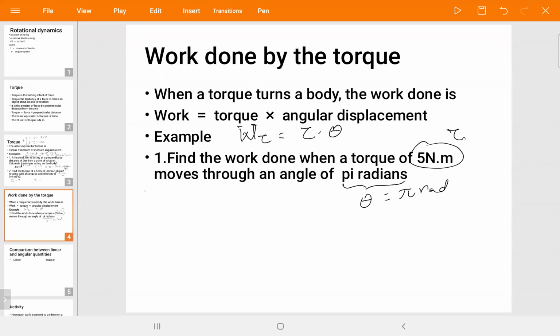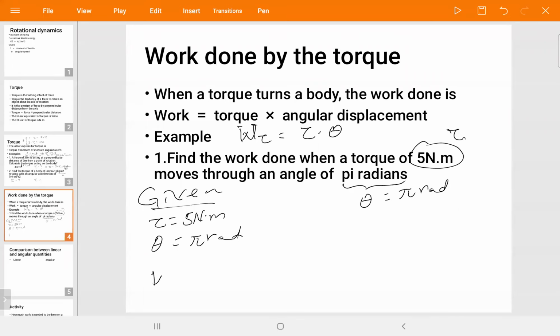The given quantities for this problem: the object is in rotation, the turning effect of the force is 5 Newton meter, and the angular displacement, which is the turning angle, is pi rad. Then what will be the work done?